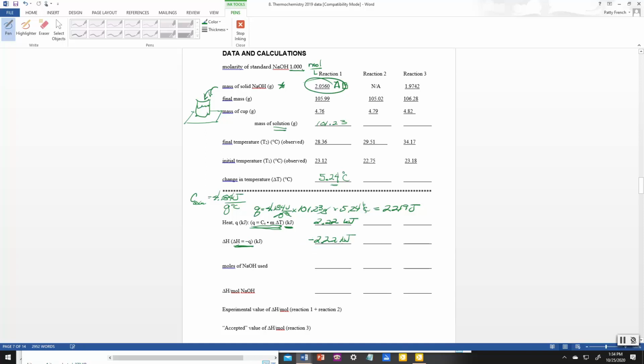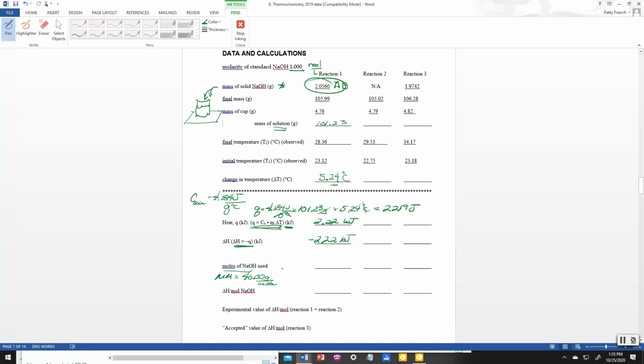Now the next one, we have to actually figure out how many moles were used to get this, how many moles of NaOH. And what we need to know here is the molar mass of NaOH, which is 40.00 grams per mole.